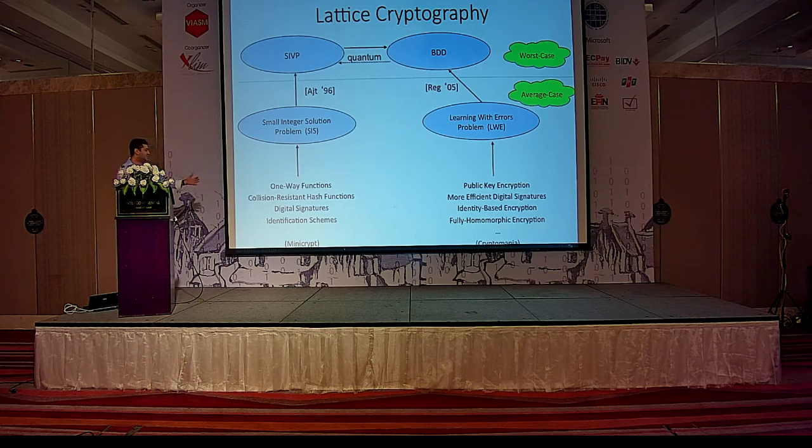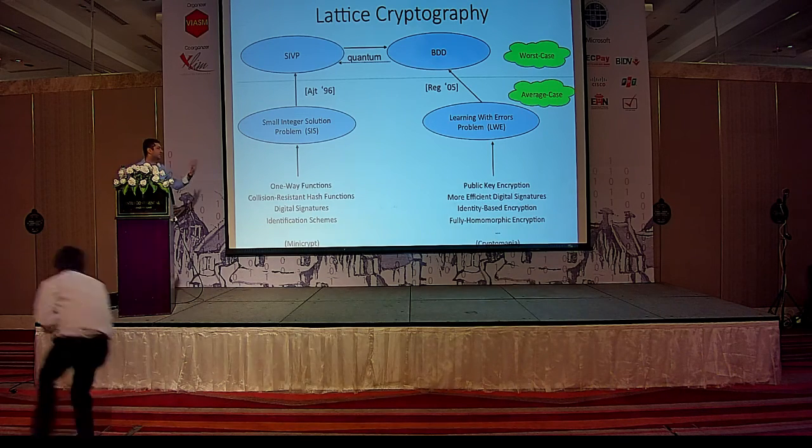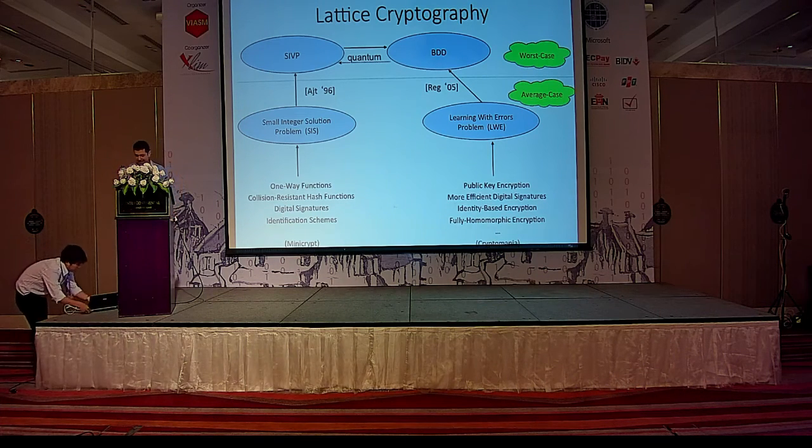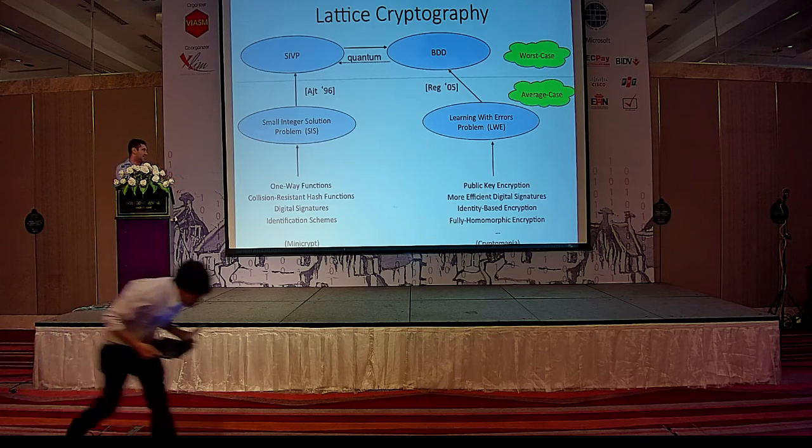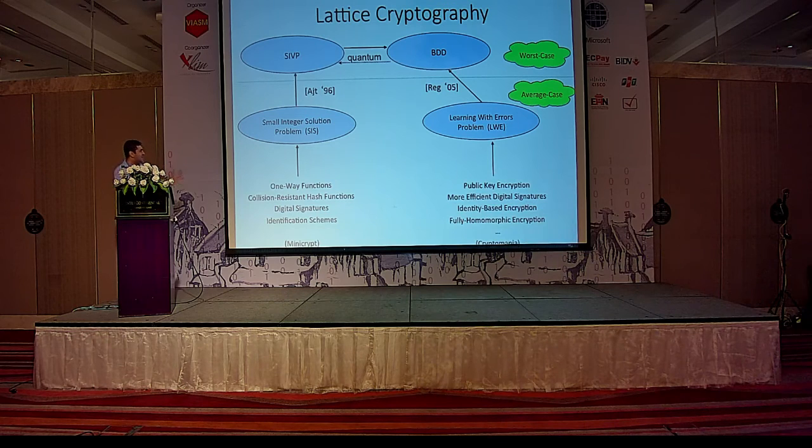For digital signatures, you don't even need SIS. You can just use any one-way function, but that will be even less efficient. So one-way functions are less efficient, SIS is more efficient, and learning with errors is even more efficient. I'm mentioning digital signatures here because that's the topic of the talk.